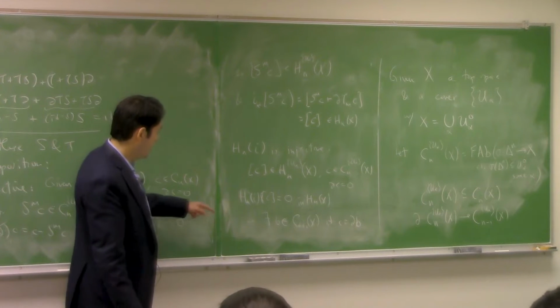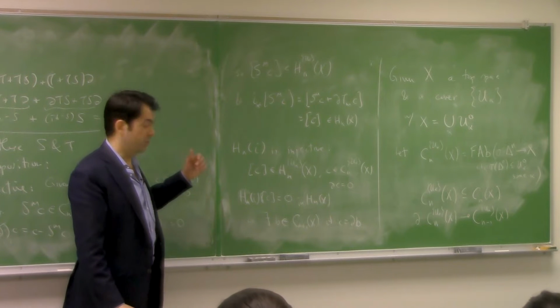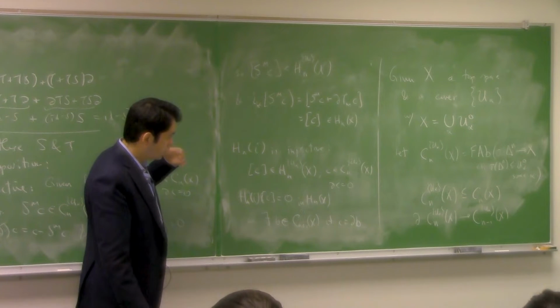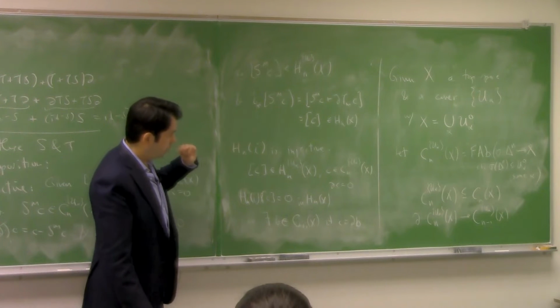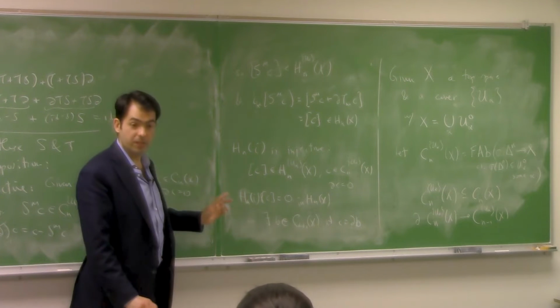I want to show that actually the class you started with was 0. Right? So I want to show that there is some chain corresponding to the cover whose boundary is equal to C.